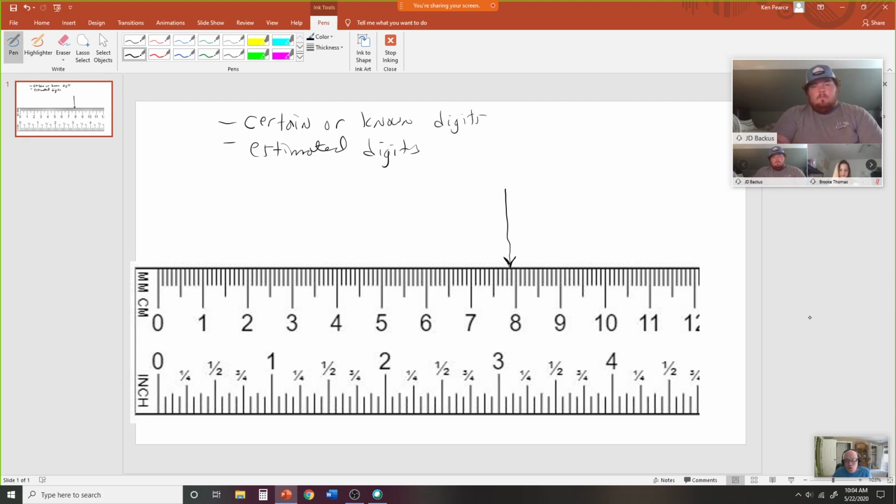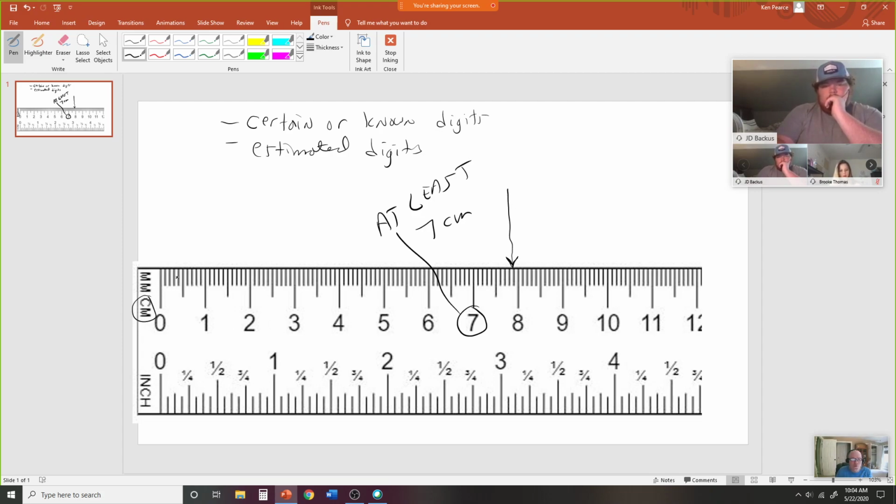Let me show you what I'm talking about. Everybody in here should agree that we are at least 7 centimeters. And by the way, these big tick marks are centimeters. The small tick marks are millimeters.